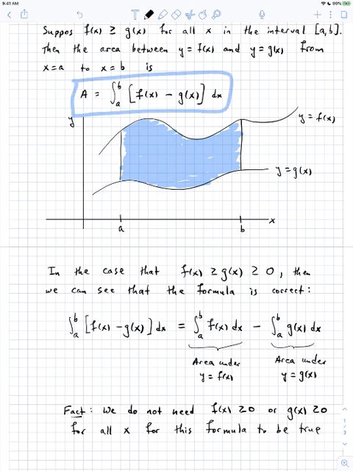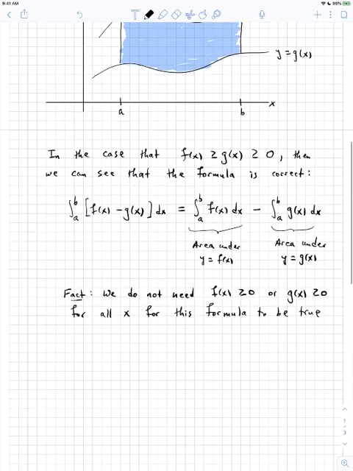So even if f and g are negative sometimes, or if g is negative and f is positive sometimes, it doesn't matter, the same formula works. As long as f is bigger than g, you always need the bigger function to go on top. That's very important. So the larger function must go first.